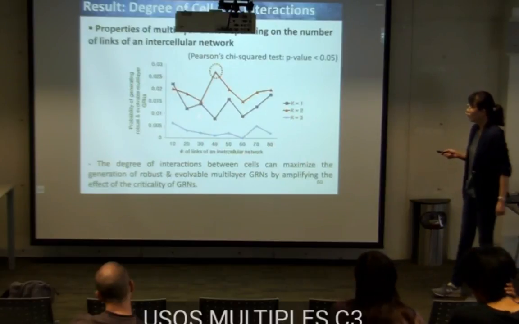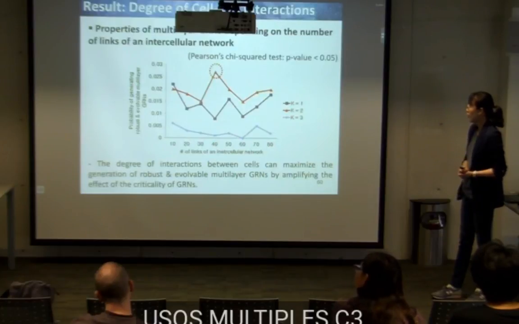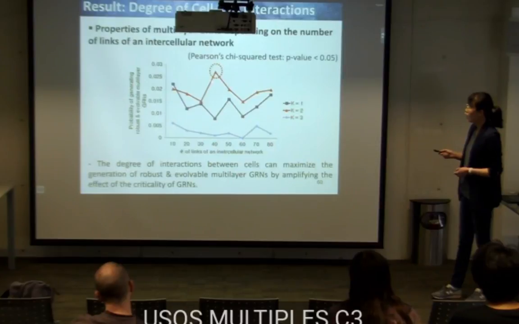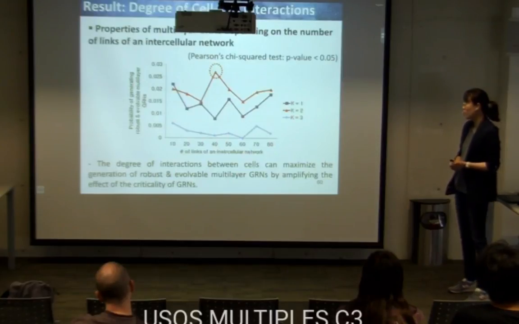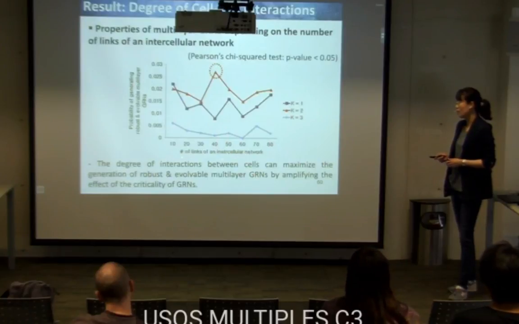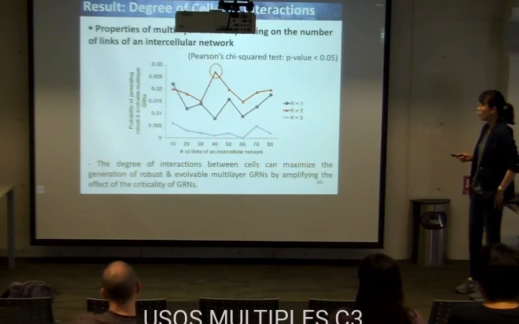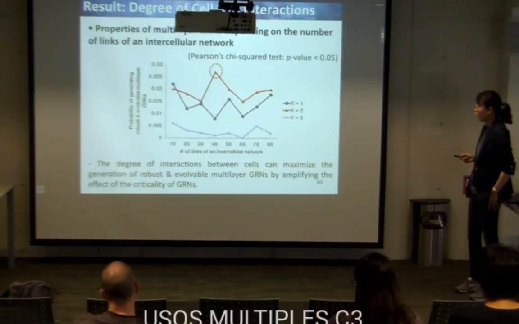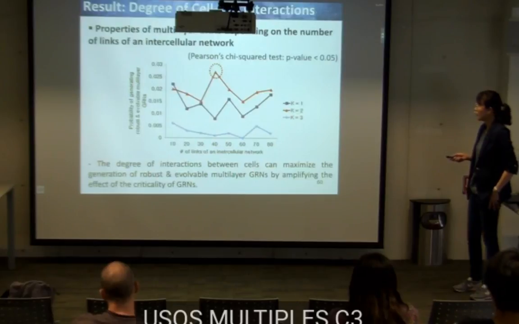In addition, the values were higher at k equal 2. And especially, the value reached the maximum when the number of links of an intercellular network is around 40. That is, the link density is 0.5. So this means the degree of interactions between cells can maximize the generation of robust and evolvable multi-layer GRNs by amplifying the effect of the criticality of GRNs.